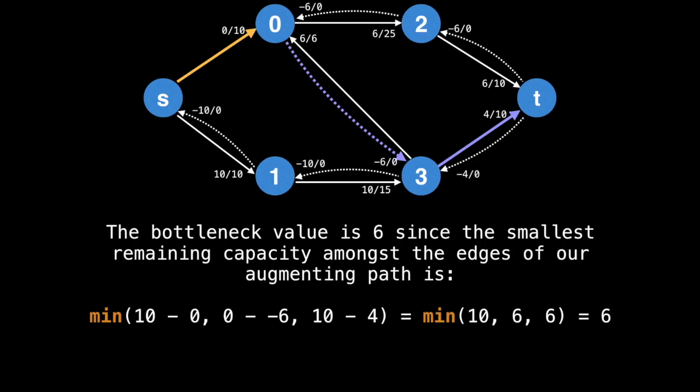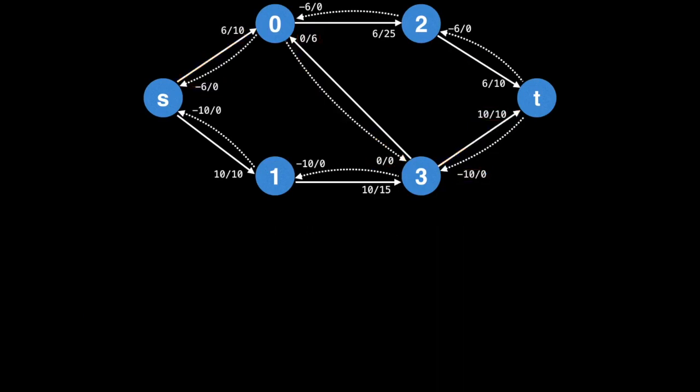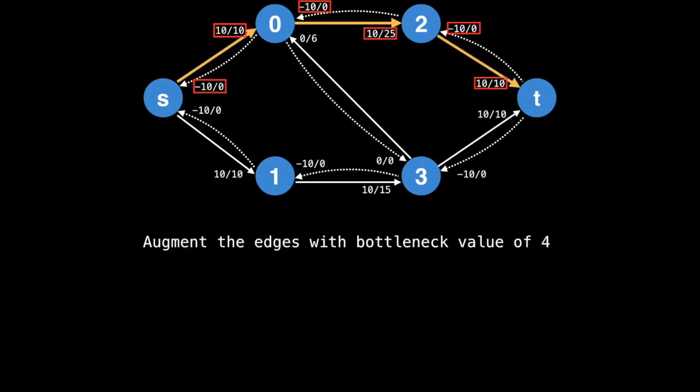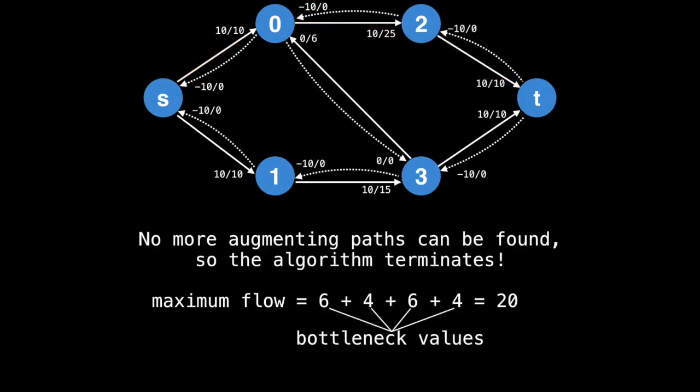This is just a coincidence since both of those edges have the same bottleneck value of 6. Then we augment the flow as we do. I'll let the animation play for this next one. And at the end, we can see that if we sum all our bottleneck values, 6, 4, 6, and 4, we're able to achieve the maximum flow, which is 20.